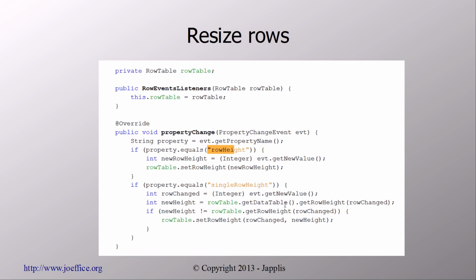It's done with this method just by listening to the data table. Whenever a row is resized in the data table, we also resize the row headers. You need to be careful not to loop, because, as I just said, the row header is calling the data table to resize the row, and then the data table is calling the row header to resize the row. So we only do it when the height is different from the current height.